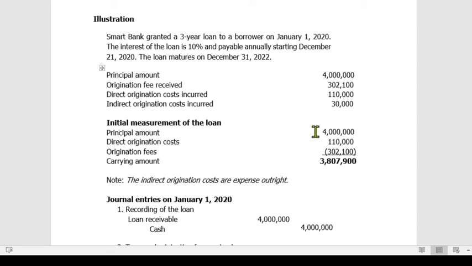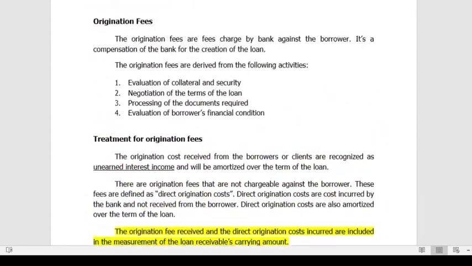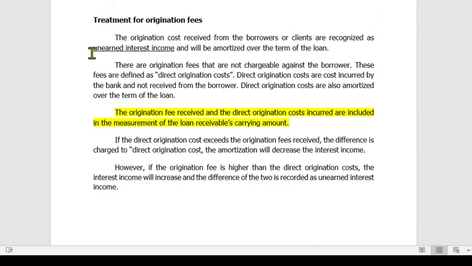Let us explain this. The origination fees na natanggap mo from borrower is an inflow of cash. Di ba? Nakatanggap ka ng inflow. Paano mo dino-journalize yan? You debit cash and then you credit earned interest income. Kasi sabi kanina, the origination fee received is recognized as an earned interest income.